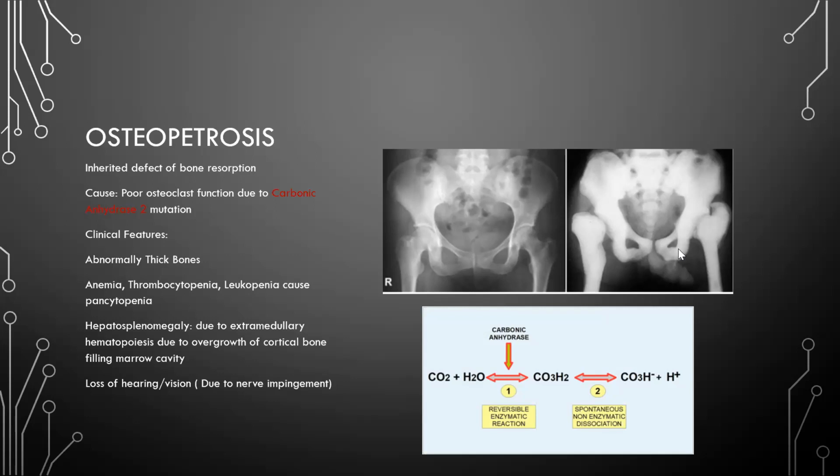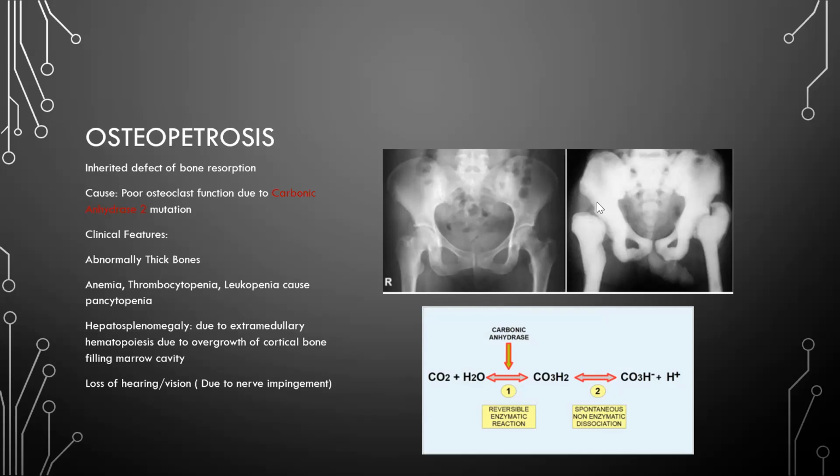So what's defective due to the lack of the acidic environment from the osteoclast, you could have abnormally thick bones. I could definitely see him showing an x-ray or something, that bright white. You'll get anemia, thrombocytopenia, and leukopenia, which cause pancytopenia, which kind of just means everything, because you have filling in of that marrow cavity so that you can't form red blood cells, platelets, or white blood cells.